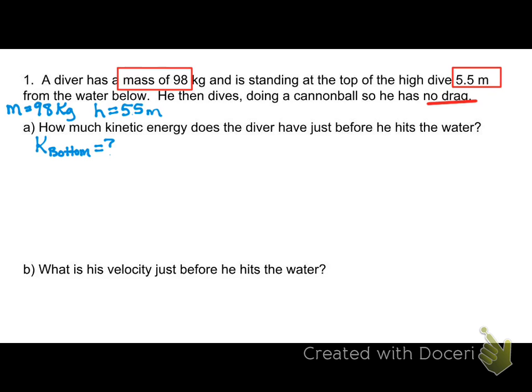Once he's at the top of the high dive, I'm going to draw a little picture here just to help, and my drawing skills are terrible, so just bear with me. All right, so here's our high dive. He climbs up the ladder, does work, and then here's our little guy standing at the top, and he's about to jump down.